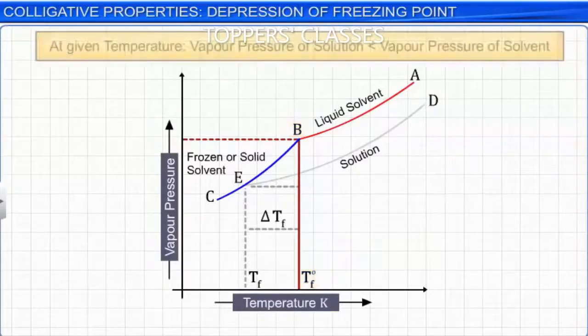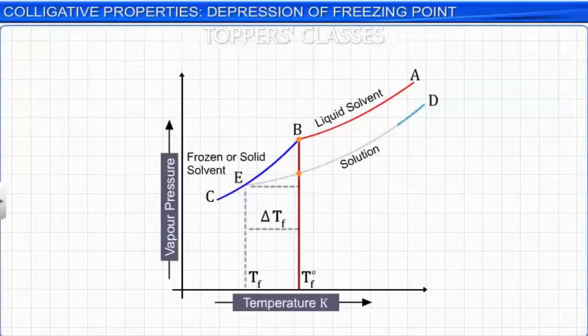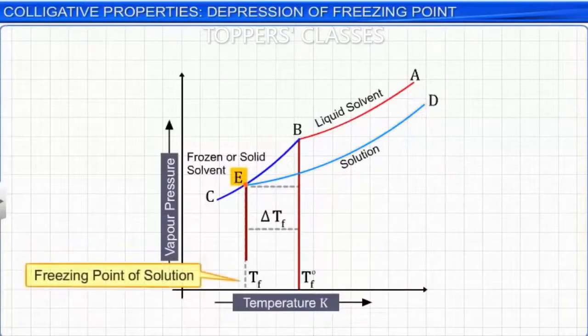Also, at any given temperature, the vapor pressure of the solution is less than that of the solvent, and curve DE for the solution lies below that of the solvent. Curve DE meets the pure solvent curve at E. Therefore, E represents the freezing point Tf of the solution.